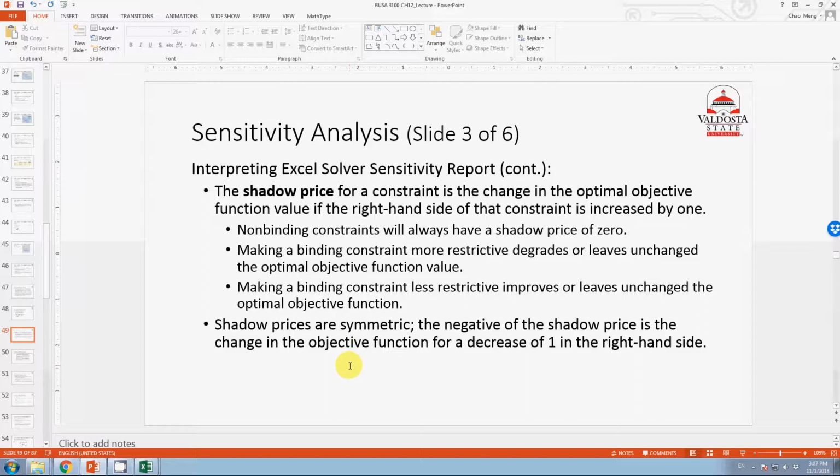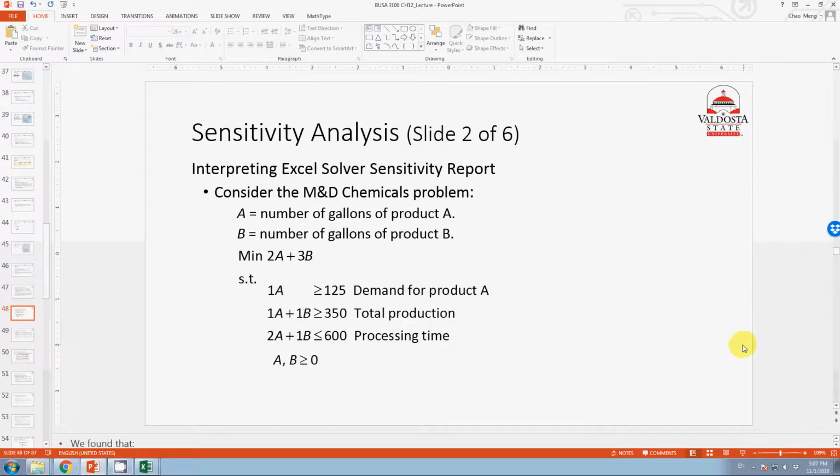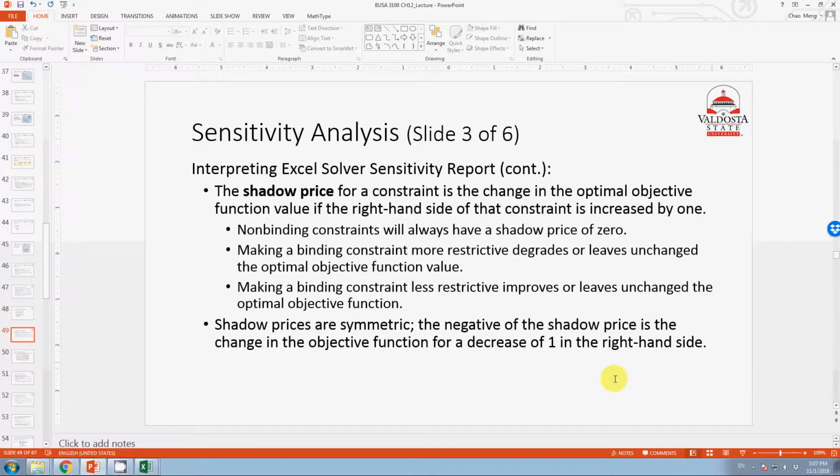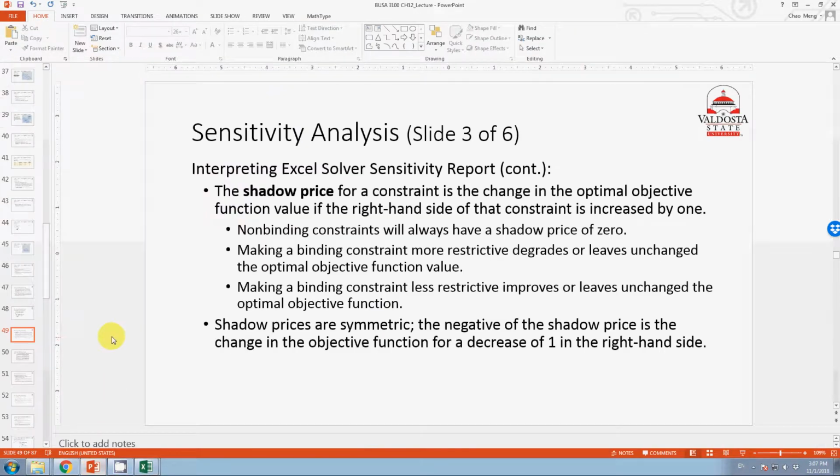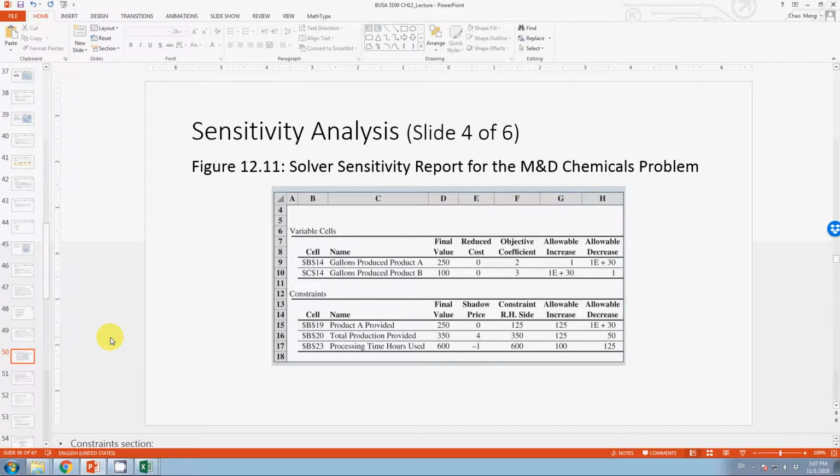The negative of the shadow price is the change in the objective function for a decrease of 1 in the right hand side. If we go back here, because the processing time is less than or equal to, the value we see is a negative value. So that's a shadow price. Okay, we have the screenshot.